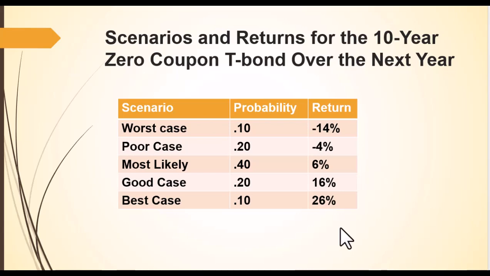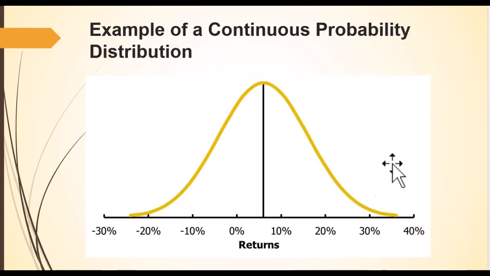So let's continue thinking about these statistics that we're talking about. This is all based on a continuous probability, right? We know that there's a percentage chance of every return to an infinitely negative number to an infinitely positive number.